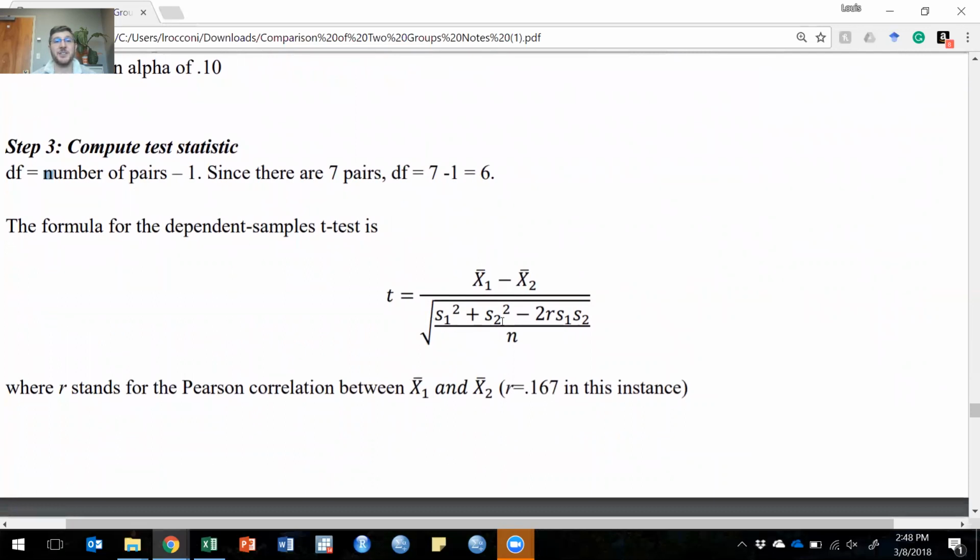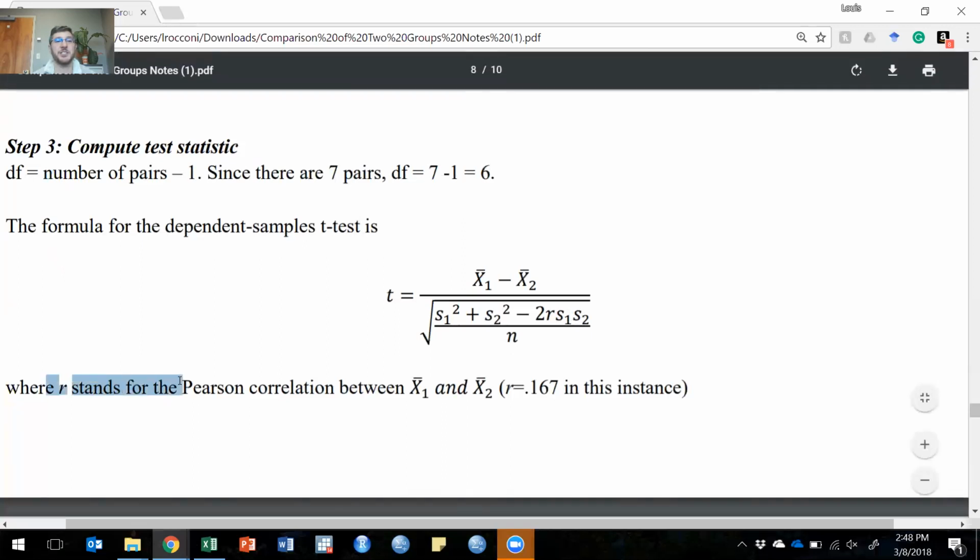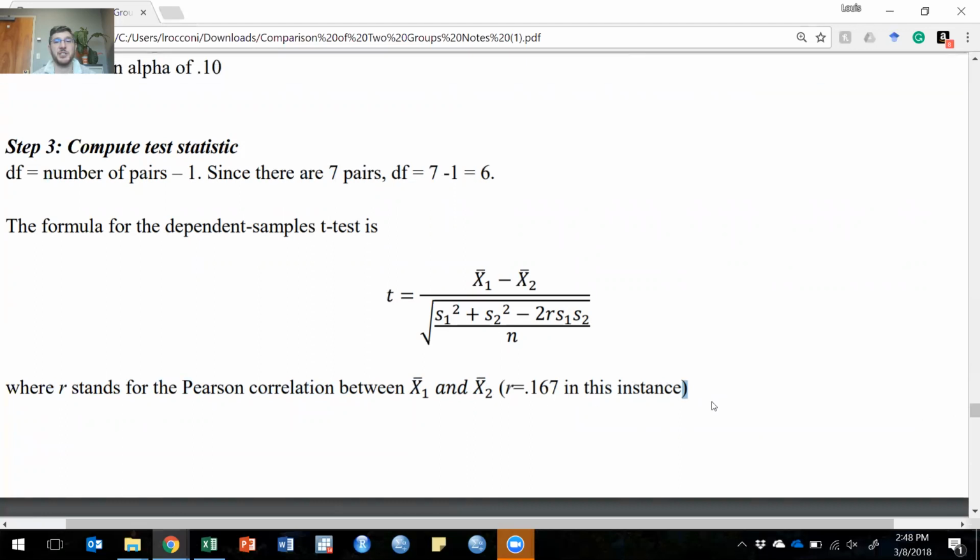So we add the variances for the 2 groups together, and then we're going to subtract 2 times the correlation between the groups times the standard deviations for both of the groups, where r here stands for the Pearson correlation between X1 and X2, excuse me, between their 2 ratings of their perceptions.